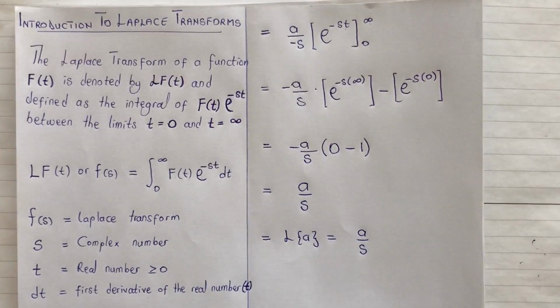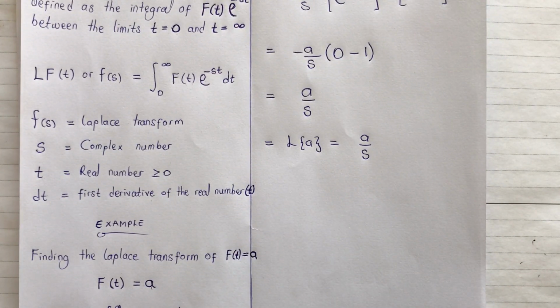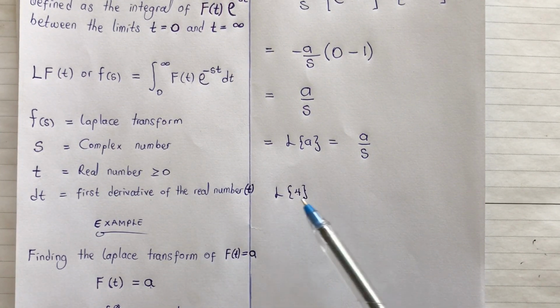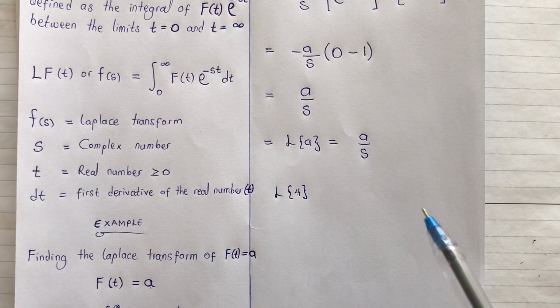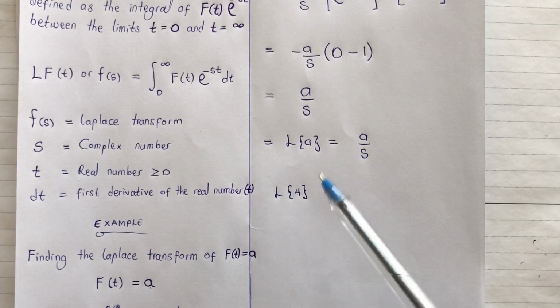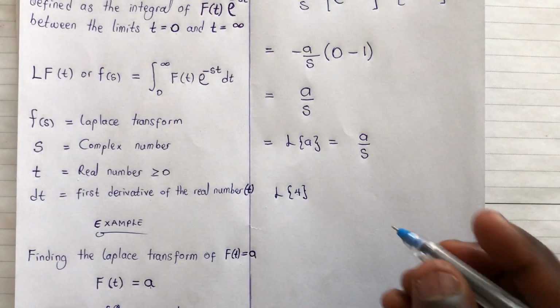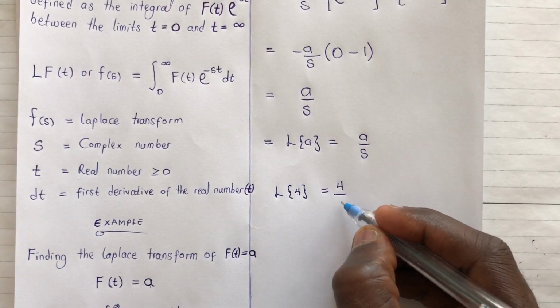So this means that any time you are given the Laplace transform of a certain value, the result is that value over s. We get the concept. So for instance, if I give you the Laplace transform of 4, 2, 3, whatever value it is, all you need to do is write that number over s. Because when we extend this, we can evaluate the Laplace transform of 4 as 4 over s.